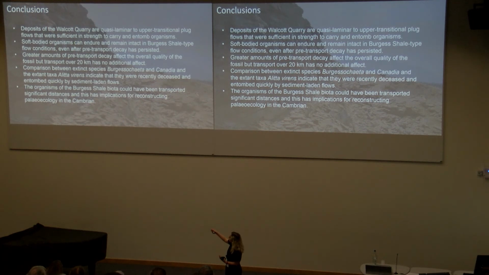When you compare my extinct specimens to extant ones, they indicate that these were recently deceased. On top of this, the Burgess Shale biota could have been transported very significant distances. This really does have implications when we're reconstructing the paleoecology for places like Lagerstätten, like the Burgess Shale, that are in flow deposits, and how we reconstruct these as life communities.